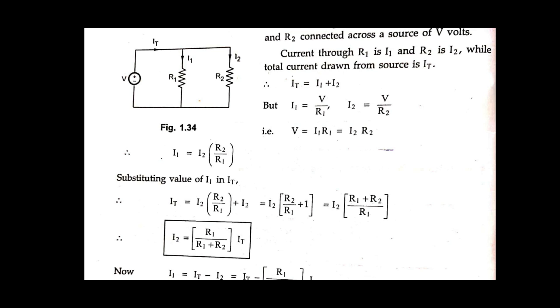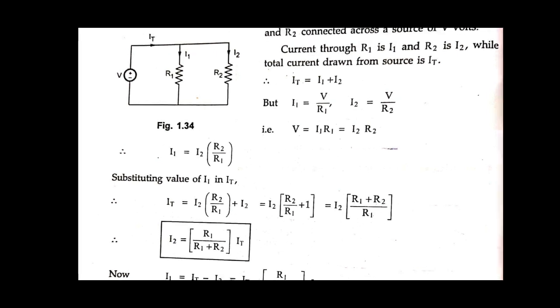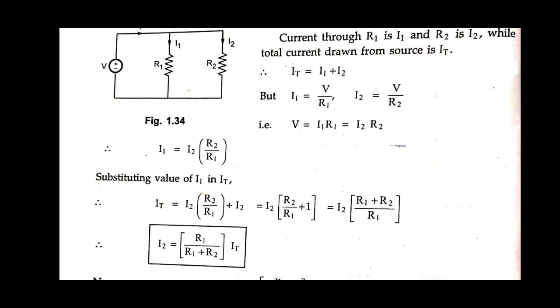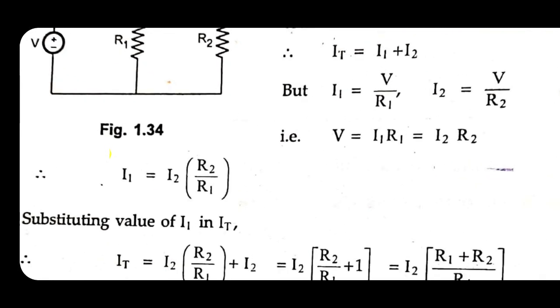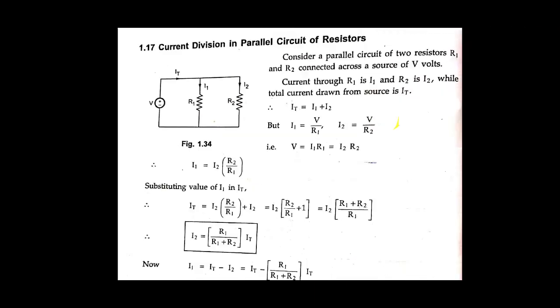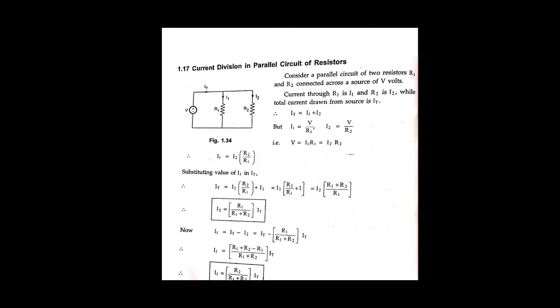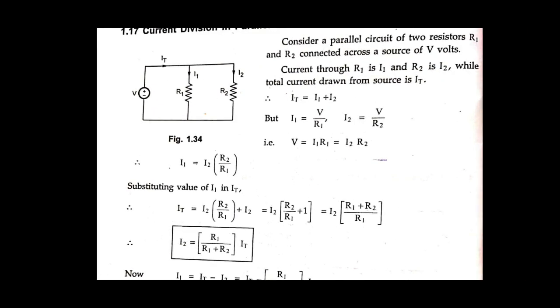So substituting the value of I1 in the total current IT, we get IT is equal to I2 times (R2 upon R1) plus I2.